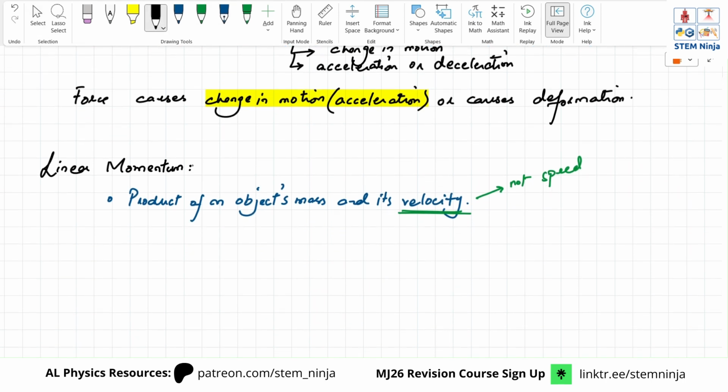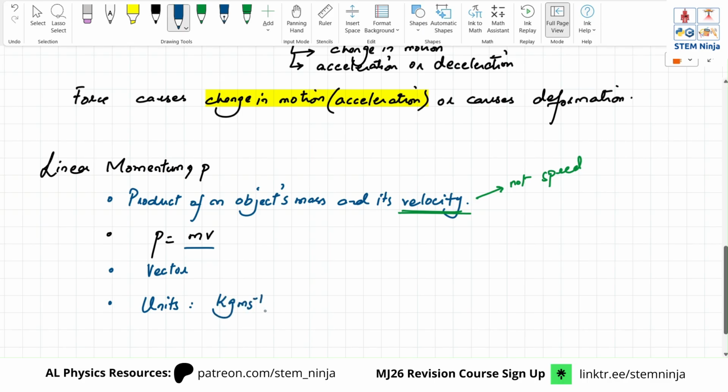Linear momentum is denoted by P. So the formula for that is P equals mass times velocity. So this is going to be a vector quantity. That means the direction of velocity is going to be the direction of momentum. Units. It's fairly easy. This is kg meters per second.